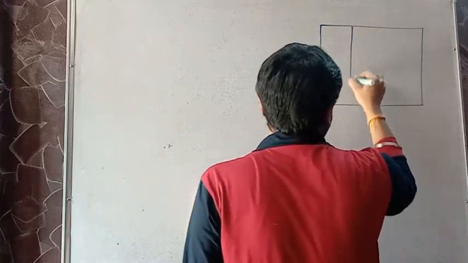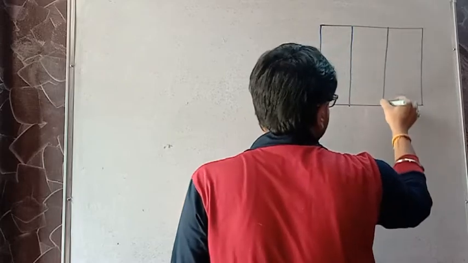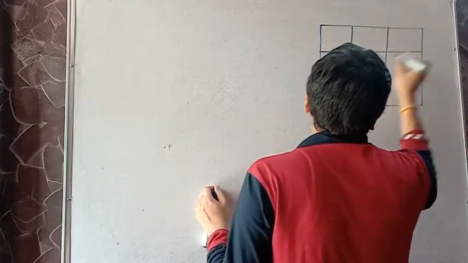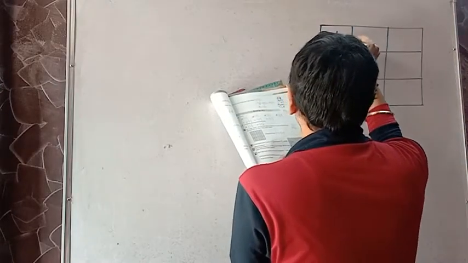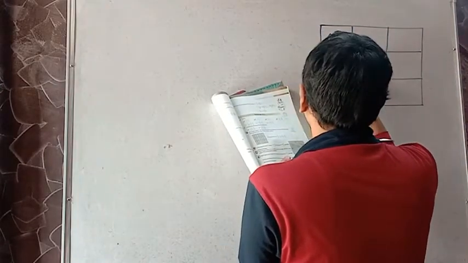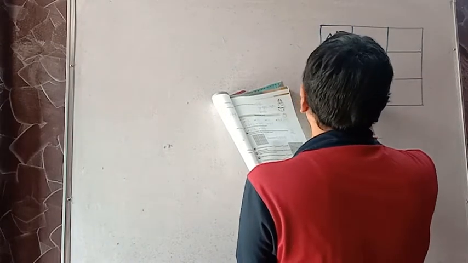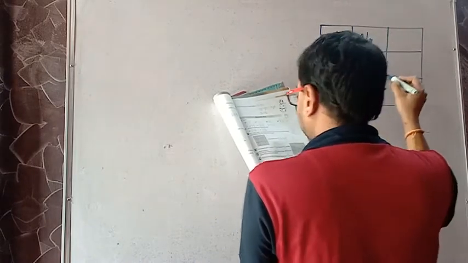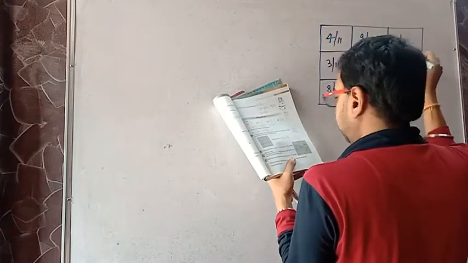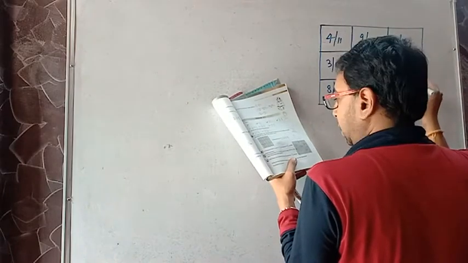It may or may not be a magic square, we are not sure, we have to check. Let's put the values: 4 by 11, 3 by 11, 8 by 11, 9 by 11, 5 by 11, 1 by 11, 2 by 11, 7 by 11, 6 by 11. Clear?